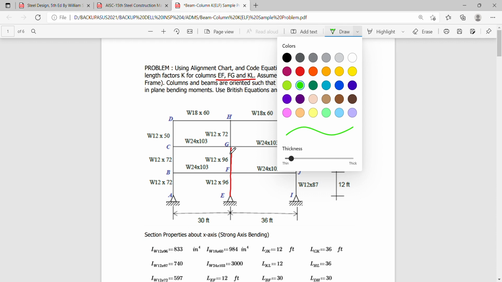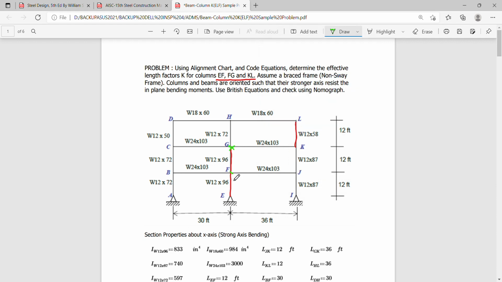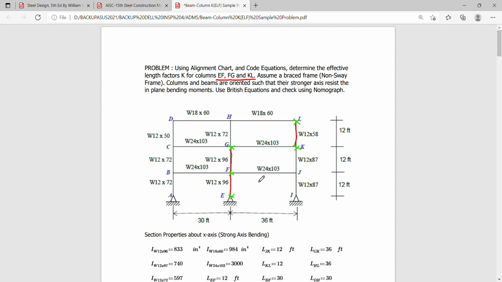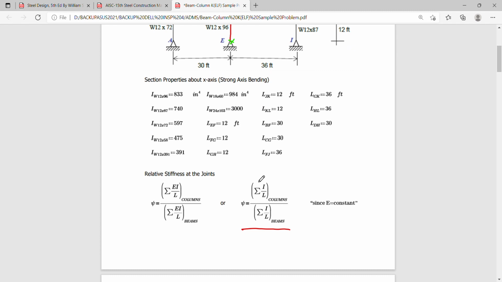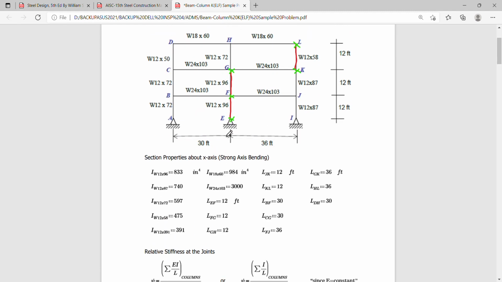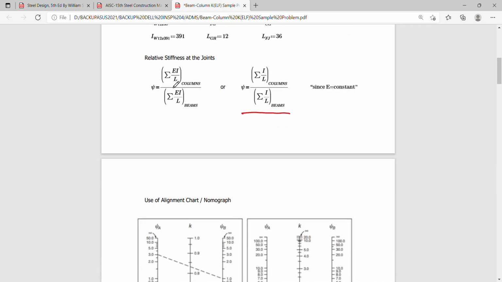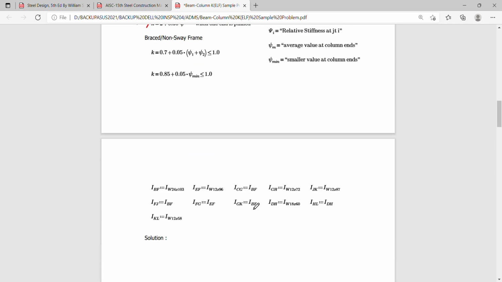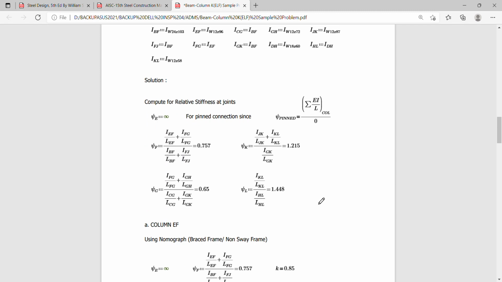Hence, joints G, F, and E, including joints K and L, are the ones for which we need to take the value of the psi parameter. So we need to determine psi E, F, G, K, and L on the basis of this formula. So we just plug in.